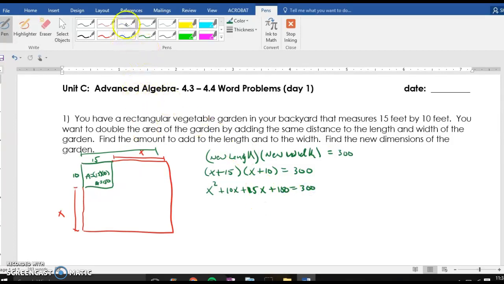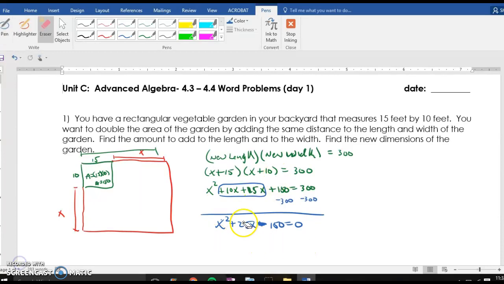I'm going to do two things at this step. One, I'm going to set it equal to 0 by subtracting 300, but I'm also going to combine these like terms. So I end up with x squared plus 25x minus 150 equals 0. Now I can go ahead and solve this quadratic by factoring. So to factor this, we have to figure out what multiplies to give us negative 150 and adds up to 25.